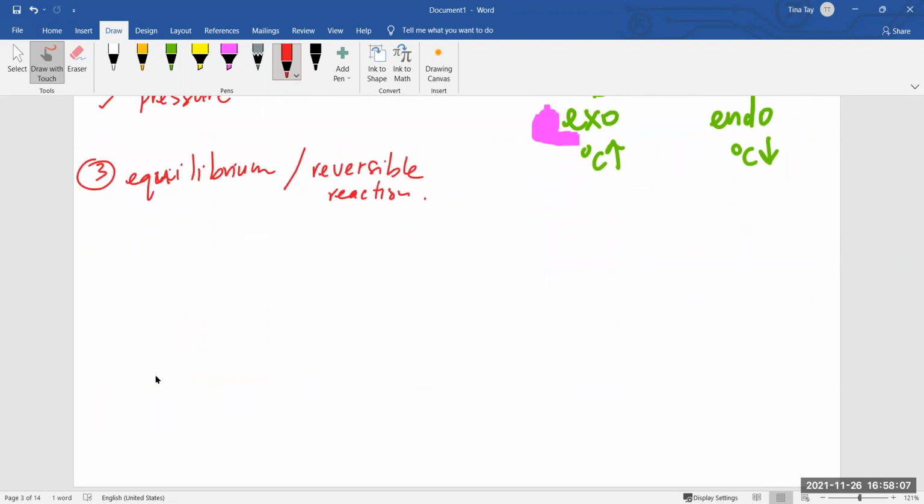Certain reactions are reversible. What does it mean, reversible? Certain reactions are non-reversible. An example of non-reversible is frying an egg.